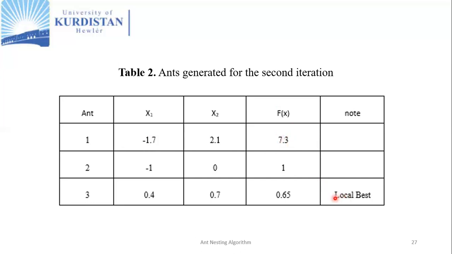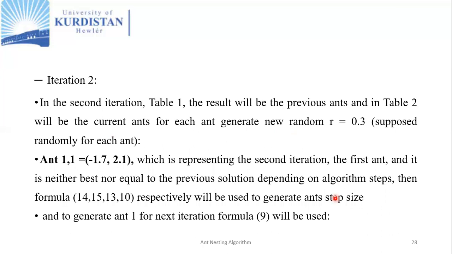It's not equal to the local best either. So we go to the third condition, which uses equation 14 to get the tendency rate, equation 15 to get the previous tendency rate, and equation 13 to get the position weight, DW.